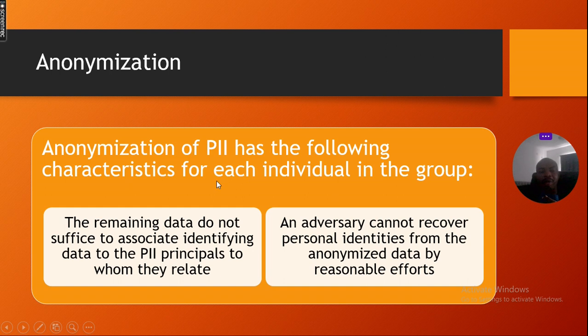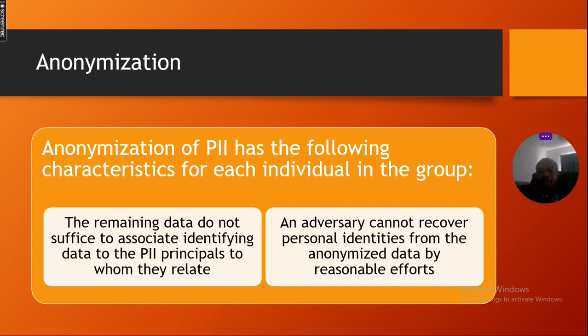Now, what is anonymization? Anonymization of personally identifiable information has these characteristics. First, the remaining data sets do not suffice to associate the de-identified data to the personally identifiable information principals to whom they relate.